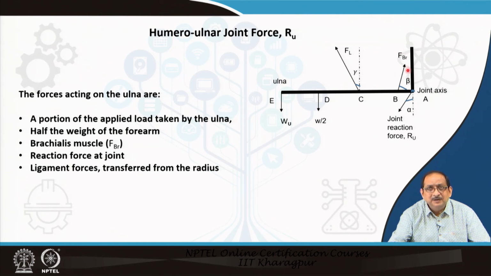As you can see here, the inclination angle is already known to us. We need to determine the reaction force at the joint, that is Ru. But one important thing included here is the ligament force transferred from the radius. So, the ligament is acting between the radius and ulna, and the line of action is indicated here as FL.